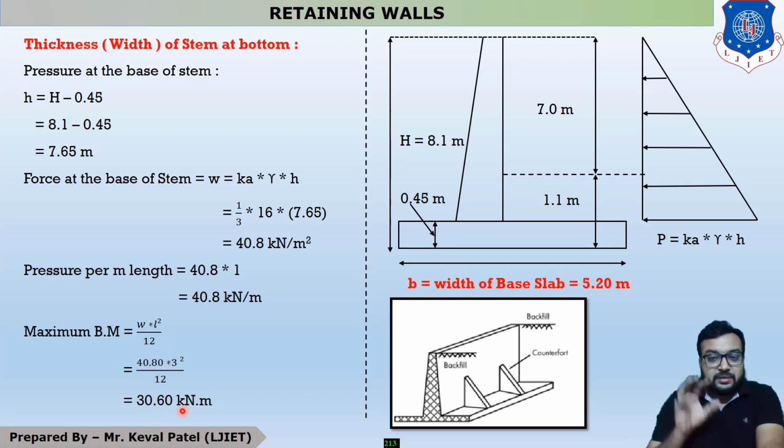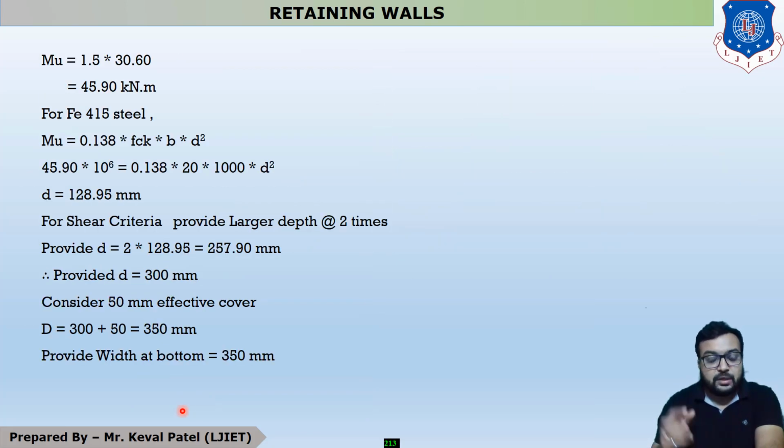But this moment is unfactored moment. So we have to find out factored moment. So our factored moment is 45.90 kilonewton meter, and after that all the calculations remain the same, like we have to find out small d. So this is the equation for Fe415, that Mu is equal to 0.138 fck b d square, in which we have to find out your value of d.